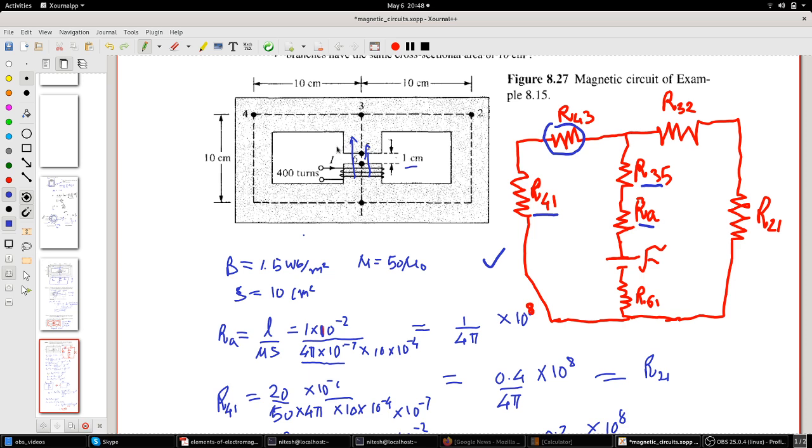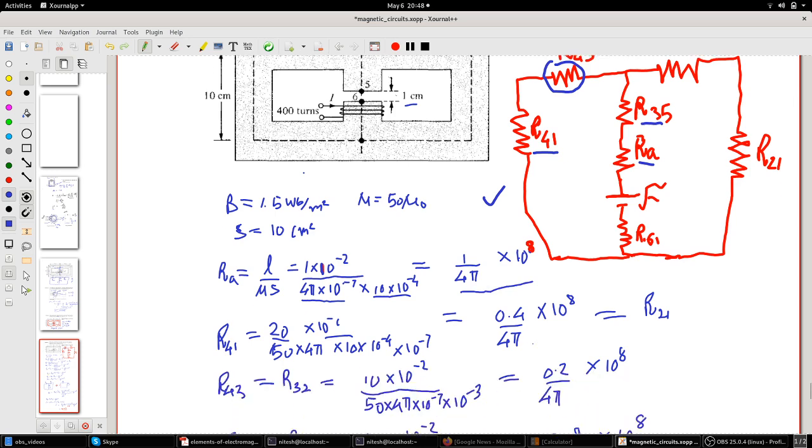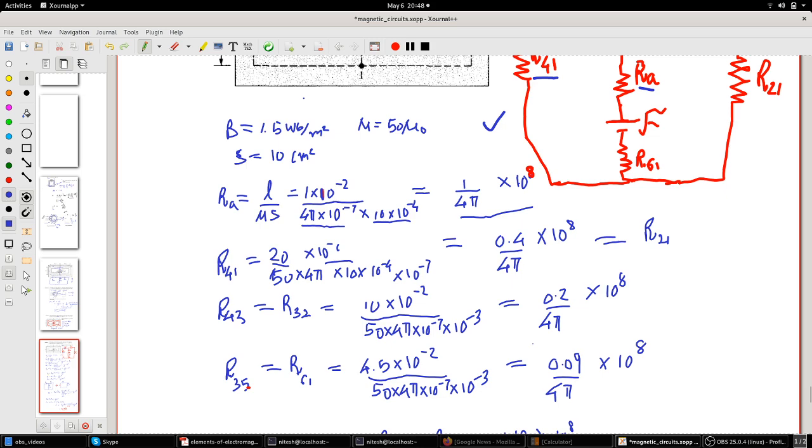So what we are assuming is the same cross section. So cross sectional area will be 10 centimeter square. So 10 into 10 raised to minus 4. So I plug in the values. I get a value of 1 by 4 pi into 10 raised to 8 ampere turn per Weber.